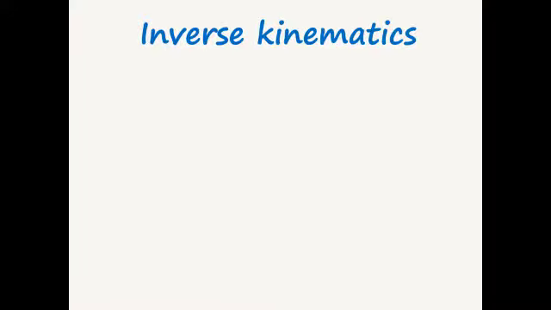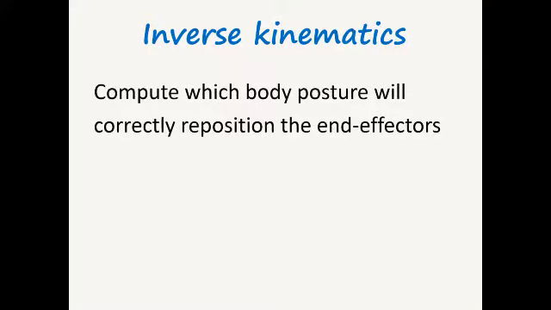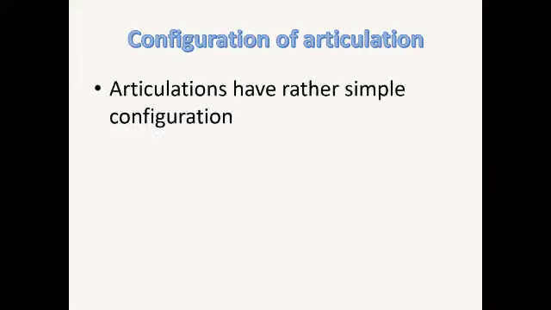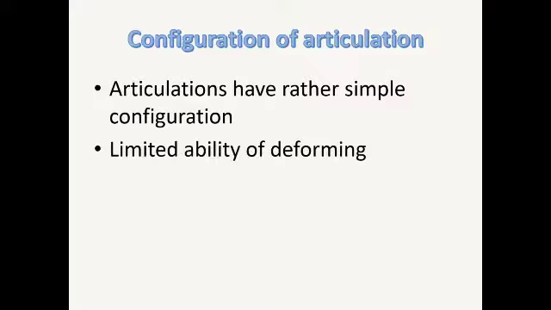So the inverse kinematics is the process in which the control system has to compute which body posture will correctly reposition the end effectors. In other words, it has to compute the correct configuration of the body. The configuration of a single articulation is rather simple because it has a limited ability of deforming.